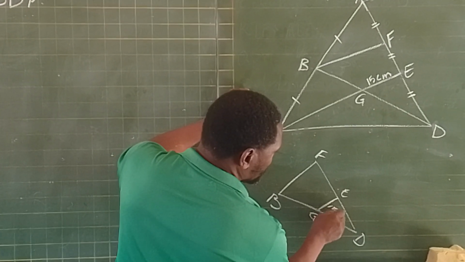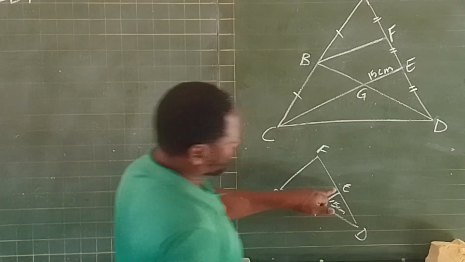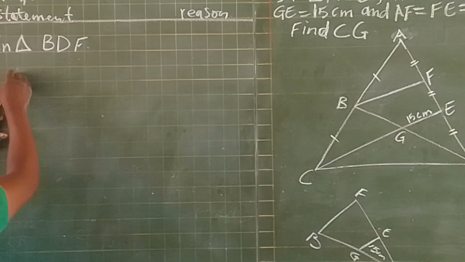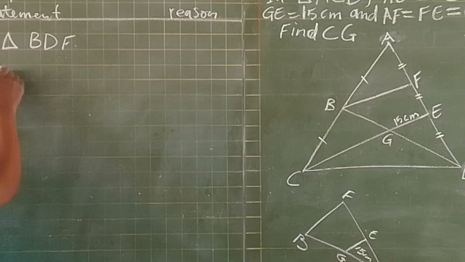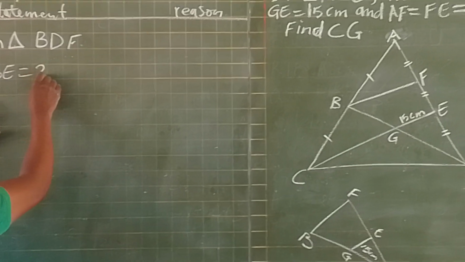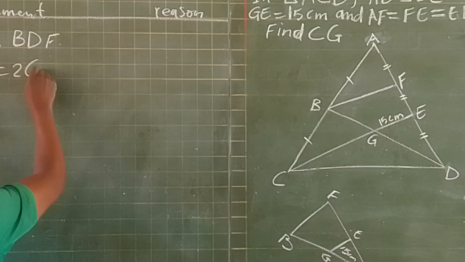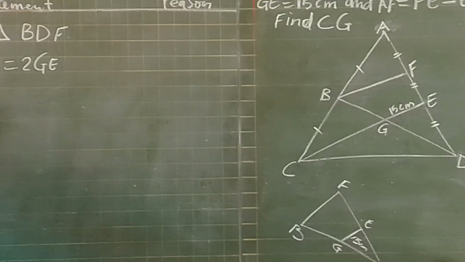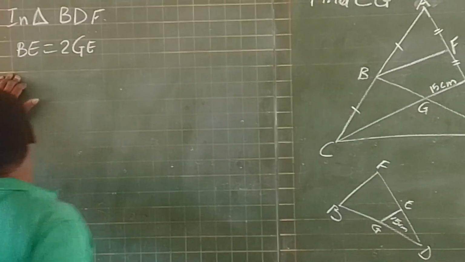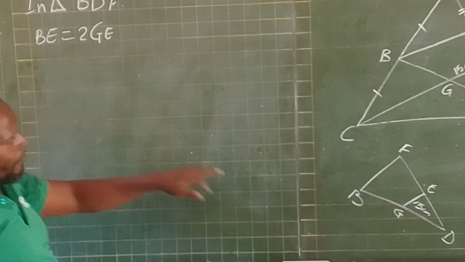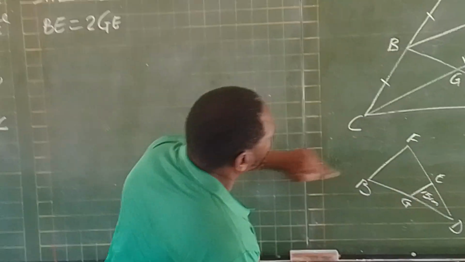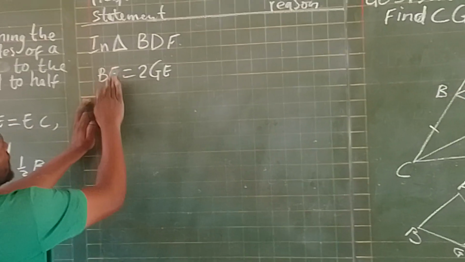We have 15 centimeters here. So it means that BE is equal to twice GE. BF, not BE. I want to say BF, not BE.